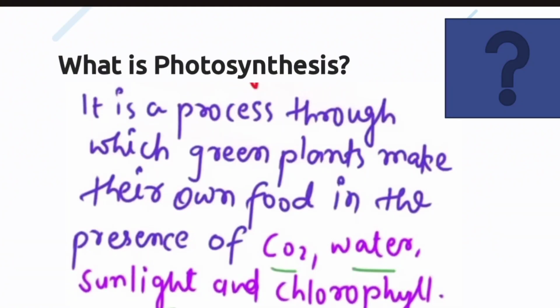So what is photosynthesis? It is a process through which green plants make their own food in the presence of carbon dioxide, water, sunlight and chlorophyll. This is known as photosynthesis.